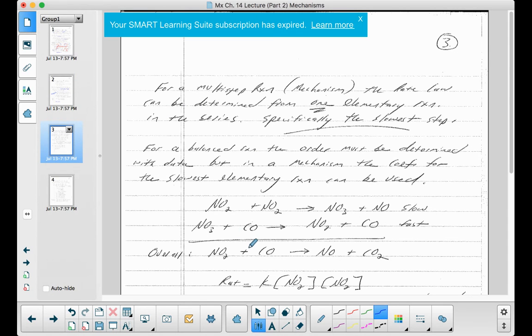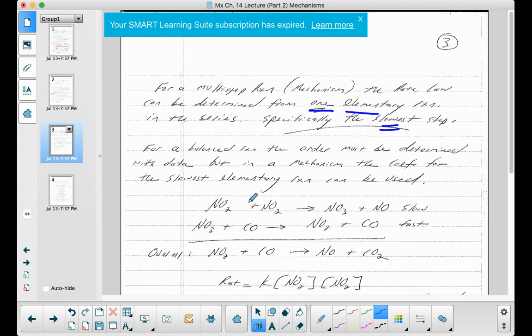Okay, now for these multi-step reactions, these mechanisms, the rate law can be determined. You can determine the rate law from one of your elementary reactions, and it's always going to be your slowest step. This is very straightforward, so don't read into it too much.